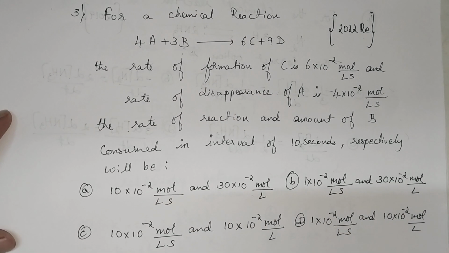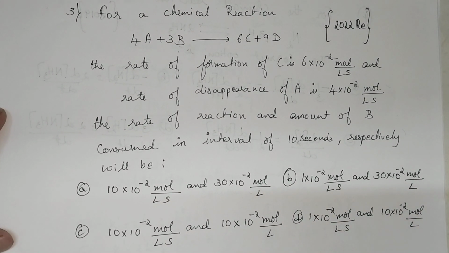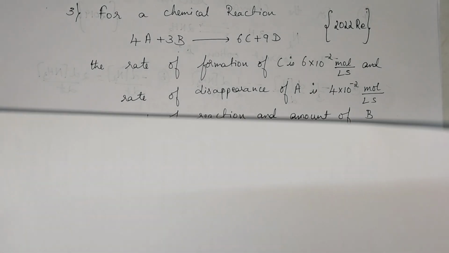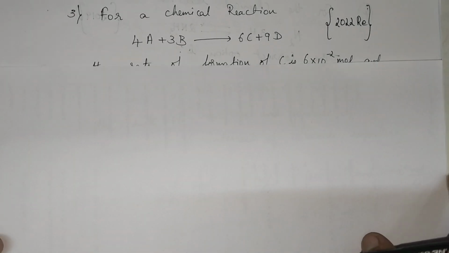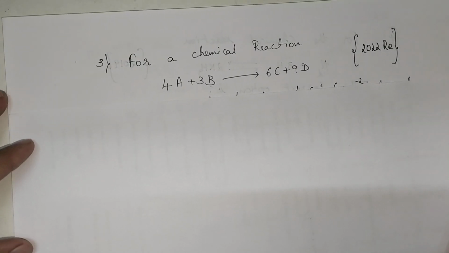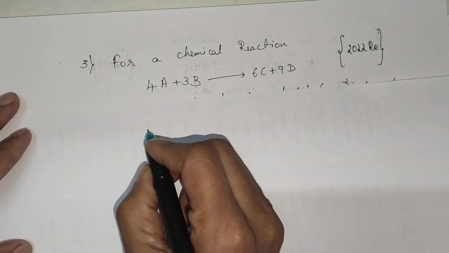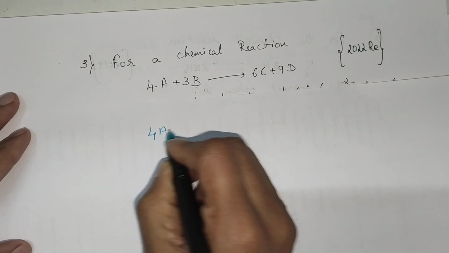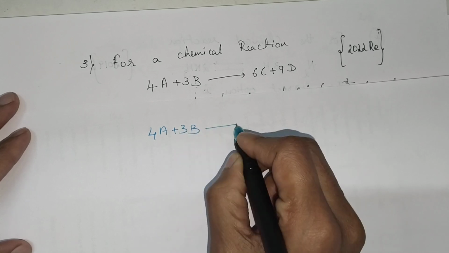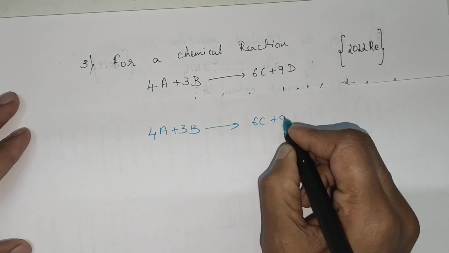So they have given 4 options over here. So how do we do this question? Let's start with writing the rate of reaction for the given chemical reaction, 4A plus 3B gives 6C plus 9D.